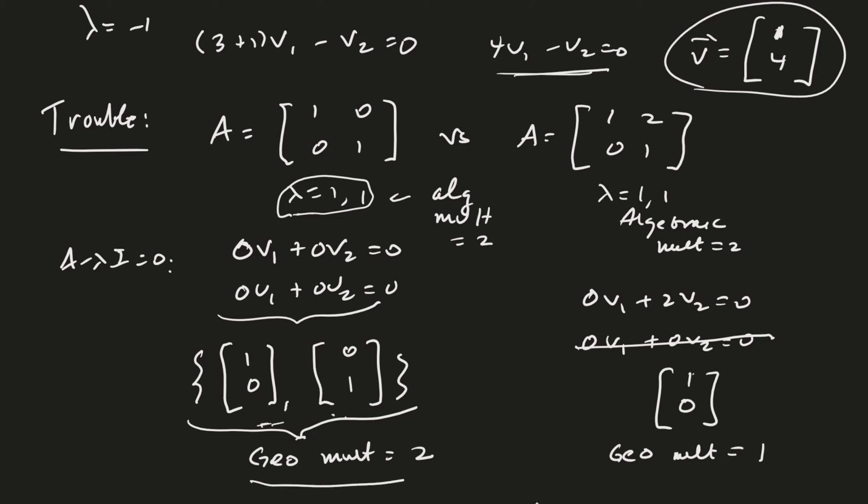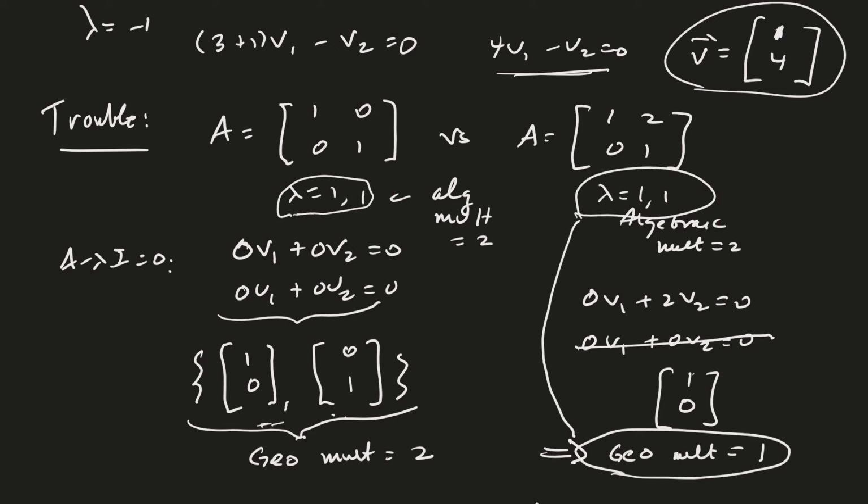When the geometric multiplicity is not equal to the algebraic multiplicity, then we're going to run into trouble with our solutions to a system of differential equations, but we'll deal with that later. Okay, for right now we're just doing a little bit of review of the linear algebra.